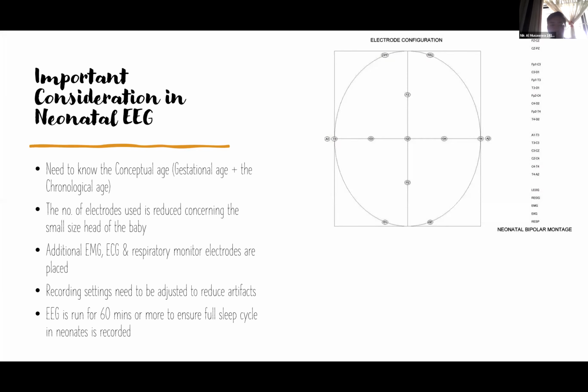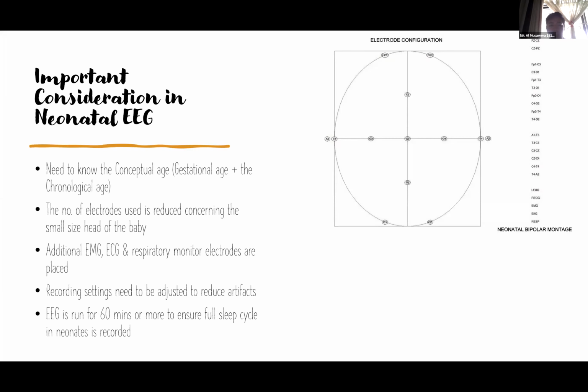We need to know the conceptual age because the development of the baby's brain is age specific. So what is normal for a baby of 26 weeks might not be normal for a baby of 40 weeks. The number of electrodes used is also reduced to consider the small head size of the baby.